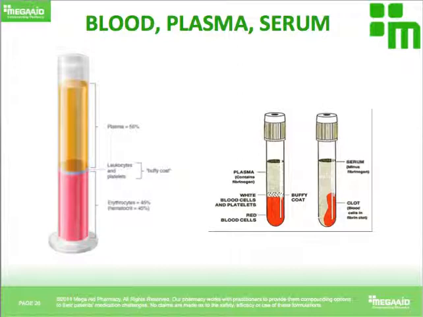It's also very important to distinguish between blood, plasma, and serum. Blood is basically going to refer to the fluid combined with different formed elements. What are formed elements? These are white cells, red cells, and platelets. Plasma is going to basically refer to the fluid portion of the blood that includes soluble proteins like fibrinogen, but it does not include formed elements.